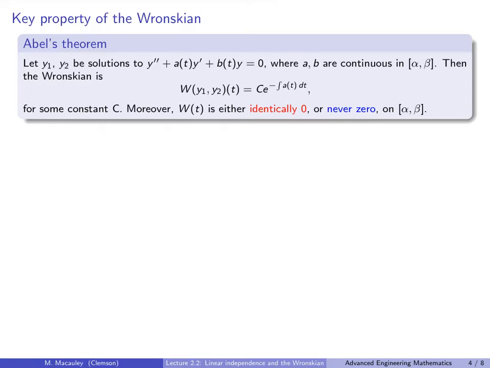Since this exponential function is positive, exponential functions cannot be negative or 0, the Wronskian is either identically 0, which happens if this constant c is equal to 0, or it's never 0 on the interval alpha to beta, where this ODE is defined.